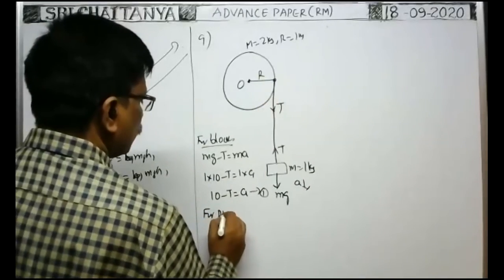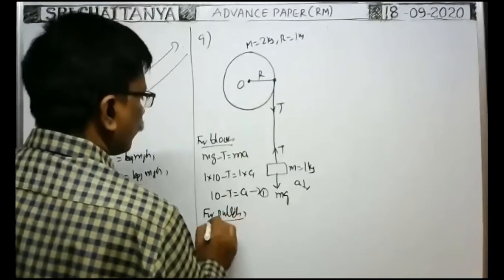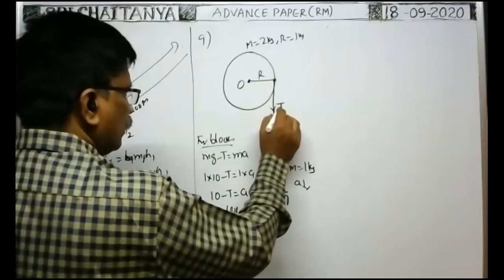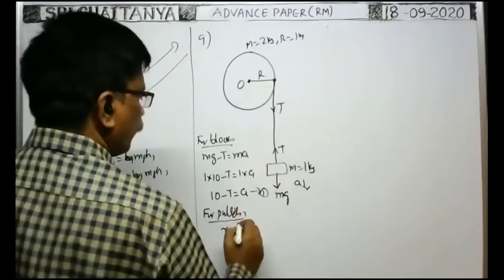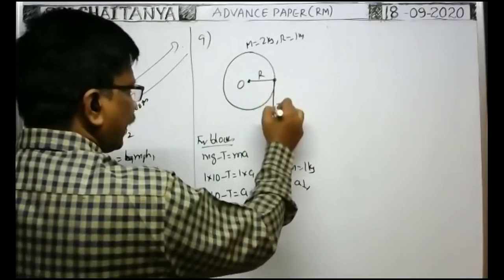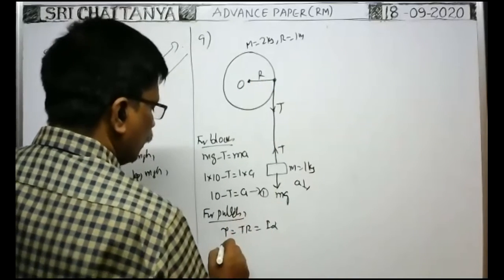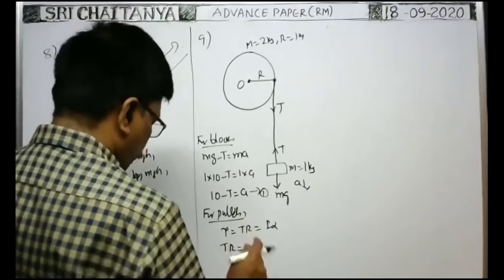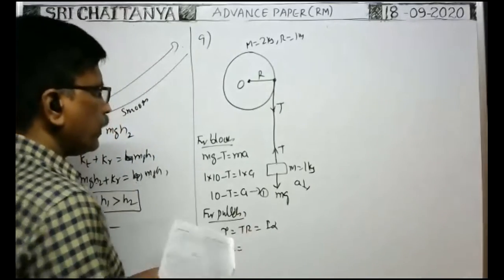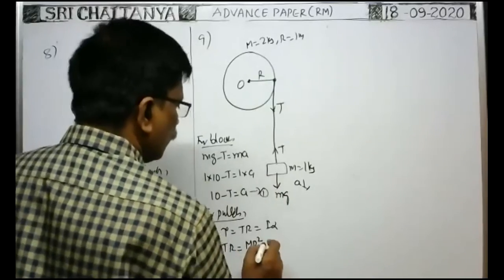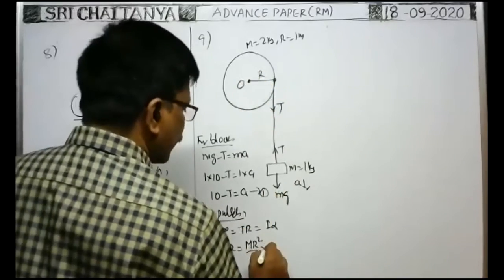Next, due to tension, torque acts on the pulley. Torque tau is equal to force into perpendicular distance, so tension into R. So T R is equal to I into alpha. Here it is a uniform disk, that's why moment of inertia is M R square by 2 about this axis, into angular acceleration.